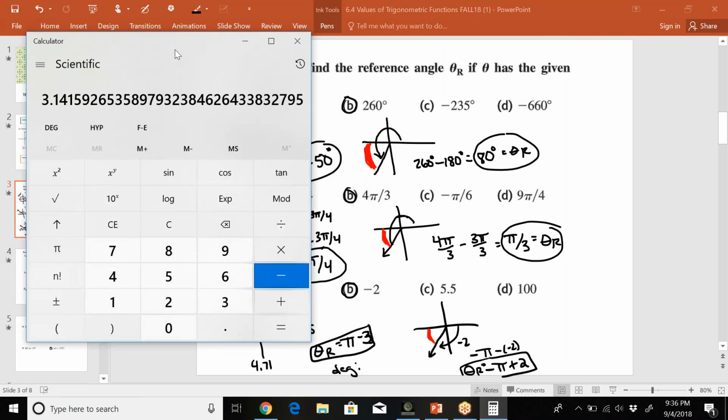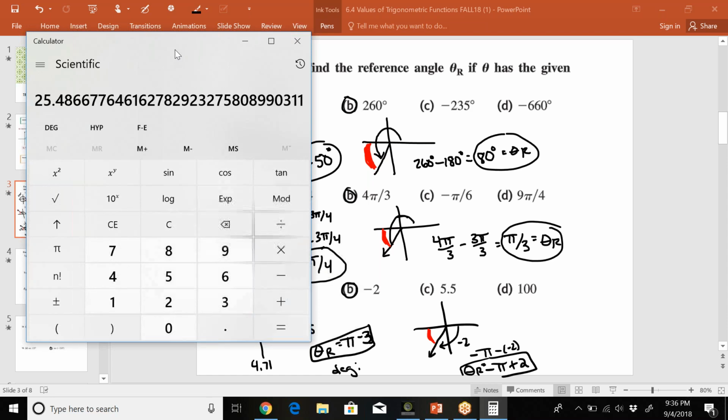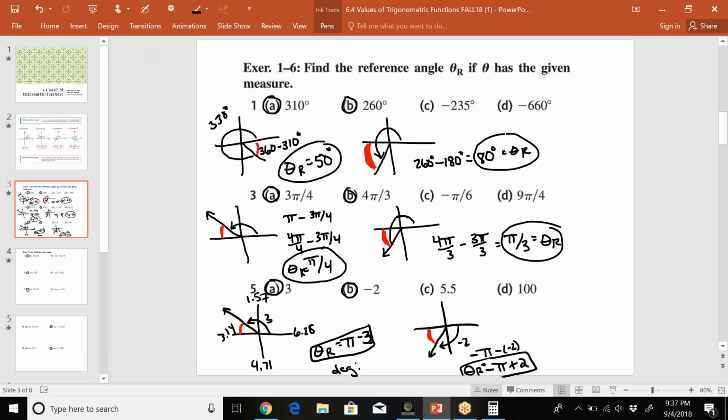So this would be pi minus 3, and then you would times that by 180 divided by pi. Notice that is 8.11 or 8.1. That's how small that angle would be because it's really close to this part. So this would be about 8.1 degrees as a reference angle.